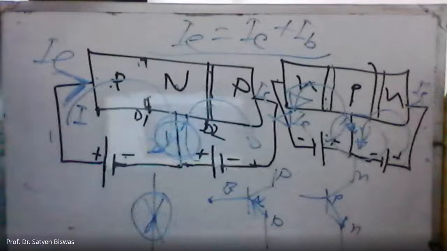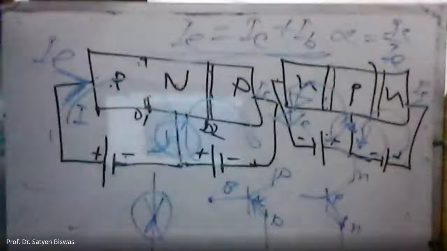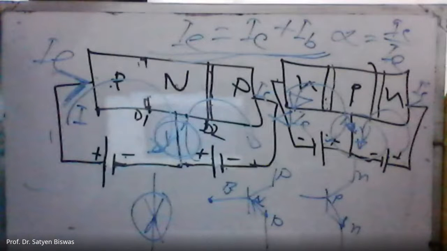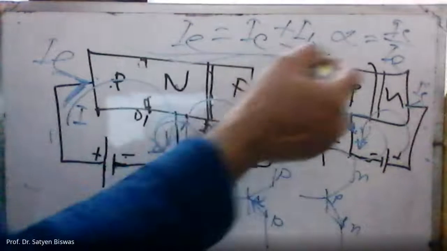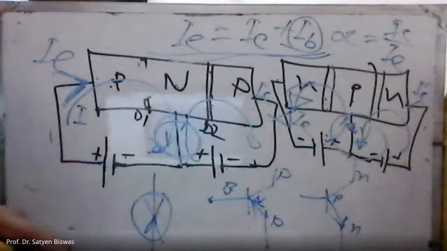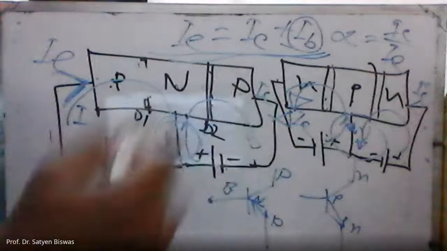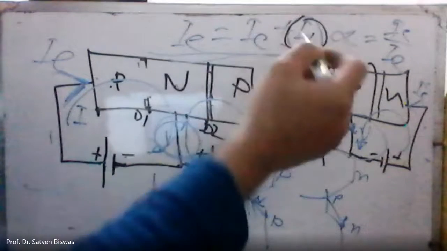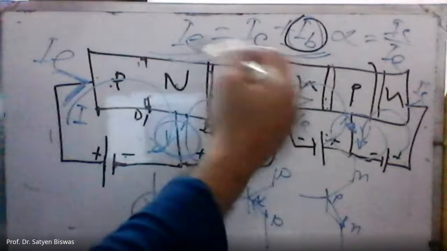Another formula: alpha is equal to IC divided by IE. How much is that, approximately? I already mentioned that the base current is very, very small, so sometimes IC is close to IE.